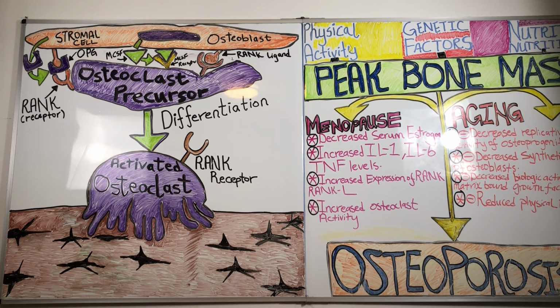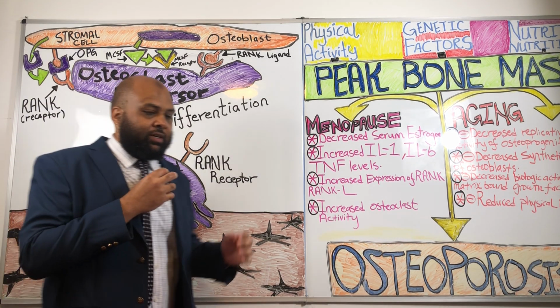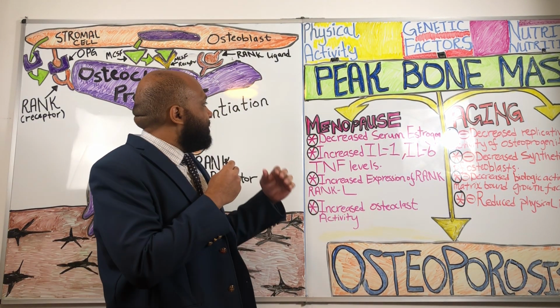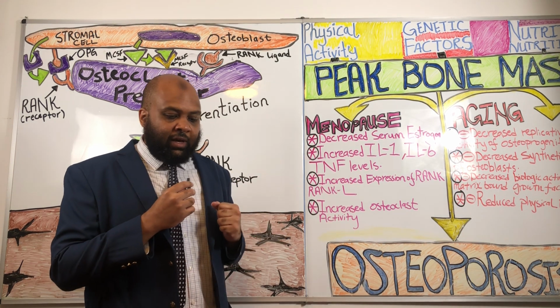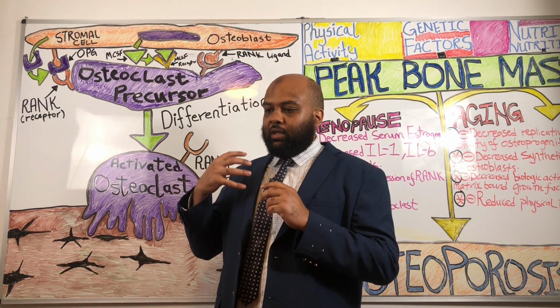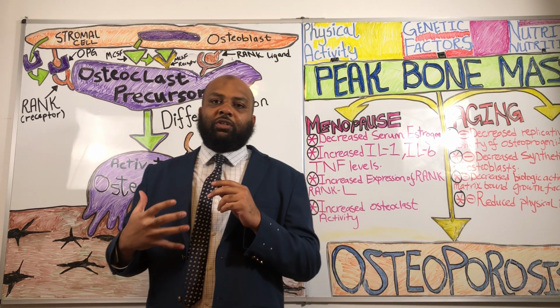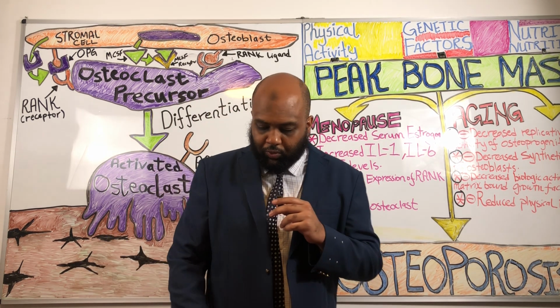Hello and welcome to our very important lecture today, where we will be discussing the concept of peak bone mass, and then we will be discussing the tissue structure and function of our bone.